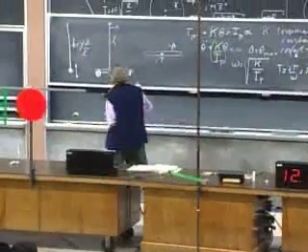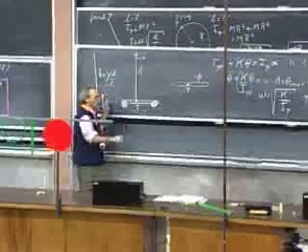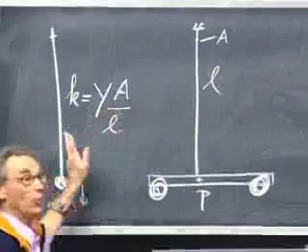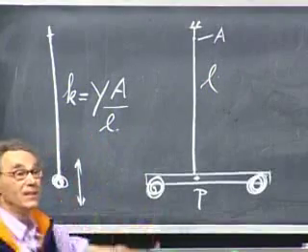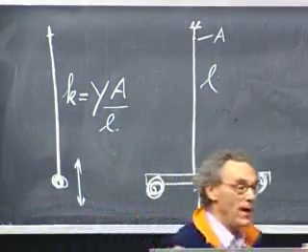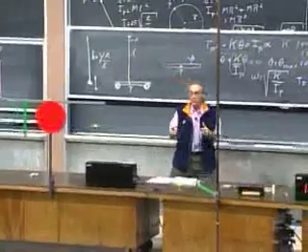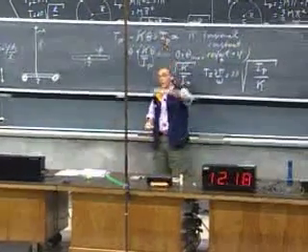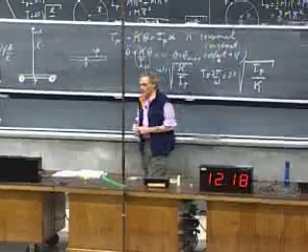Well, there is something very similar here. But I don't want to go into the details of exactly how you derive kappa. It's a little bit more complicated. But indeed, the same is true: if you make the wire thicker, then kappa will go up, and if you make the wire longer, kappa will go down. That's immediately obvious.